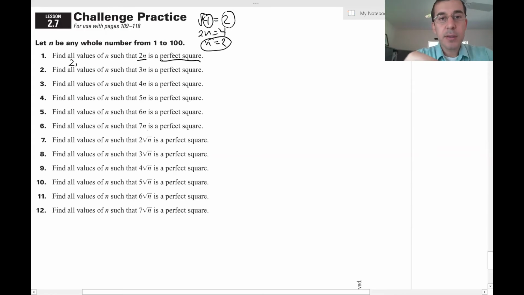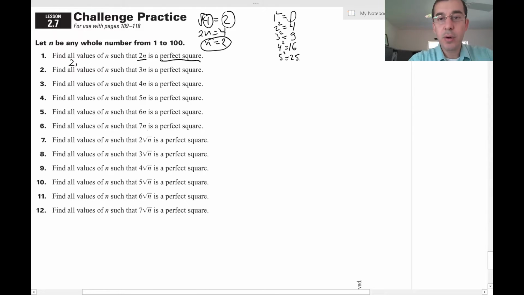Well, we know that 1 squared is 1, then 2 squared is 4, 3 squared is 9. So all these right here are perfect squares. 1, 4, 9, then we have 4 squared, that's 16, 5 squared is 25. So since n can be up to 100, 2n is up to 200.